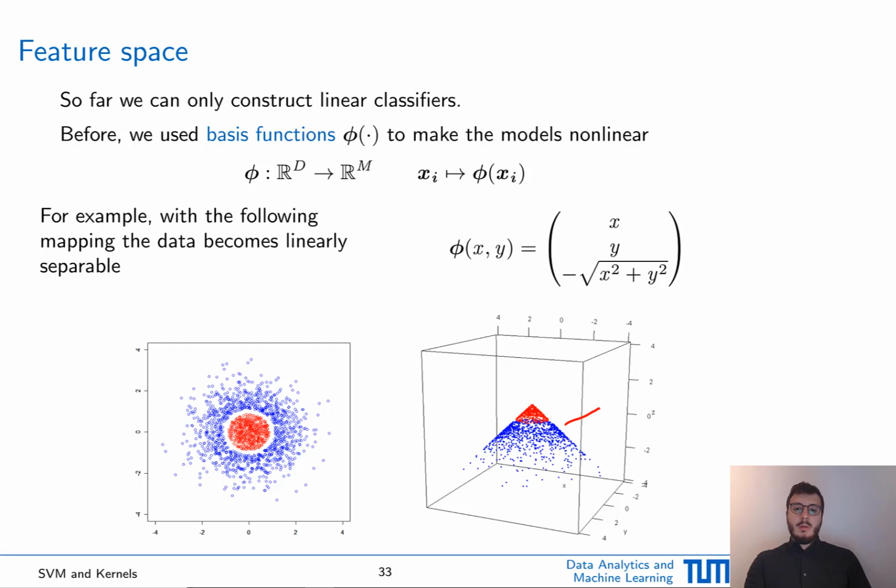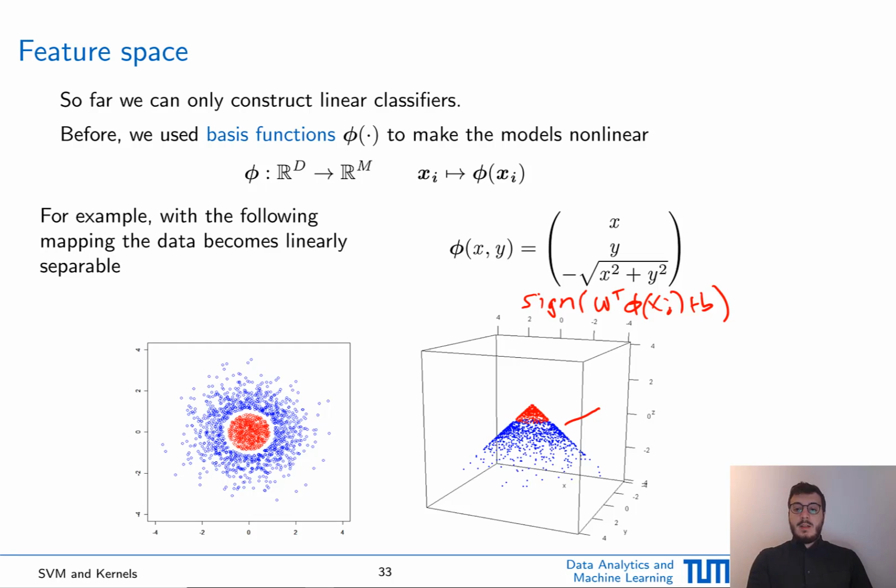So now, instead of computing the hyperplane in the original feature space, we simply create a classifier in the new feature space. That is, now our classifier is just sign of W transposed phi of xi plus b. Before we just had W transposed xi plus b, but now first we apply this feature transformation and then do the classification in the new feature space.